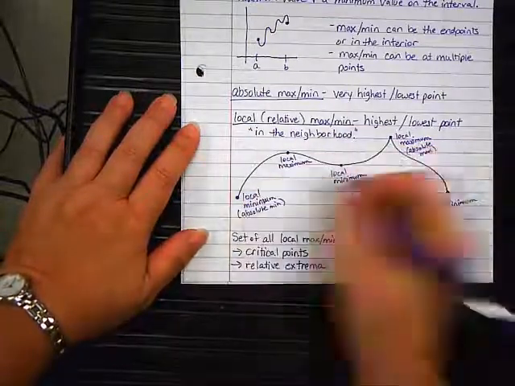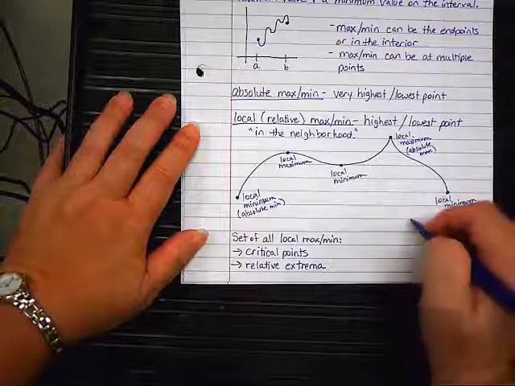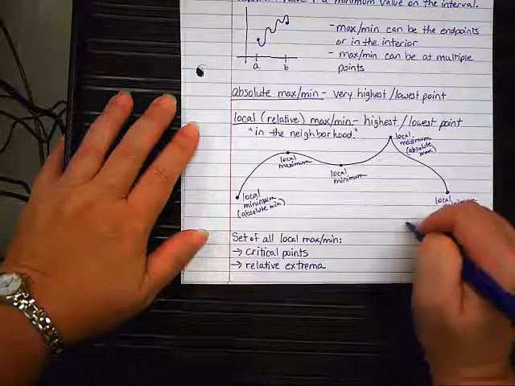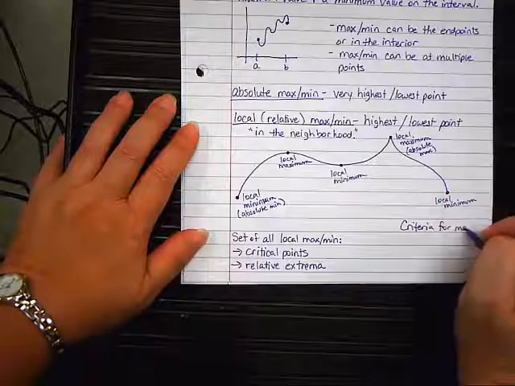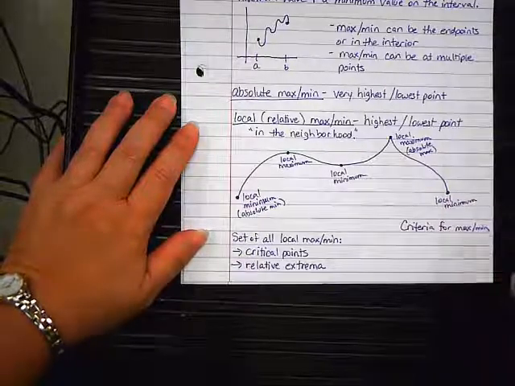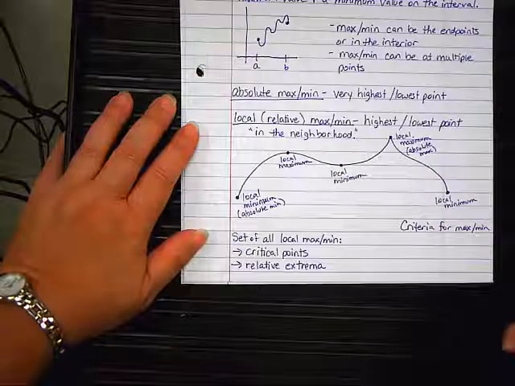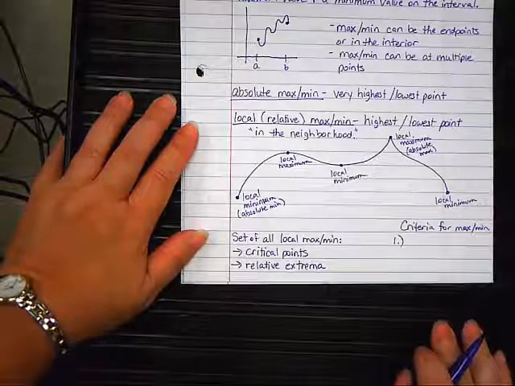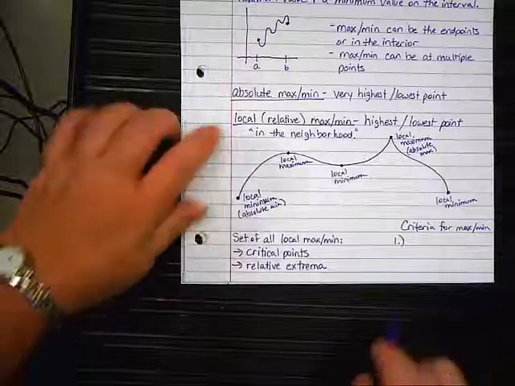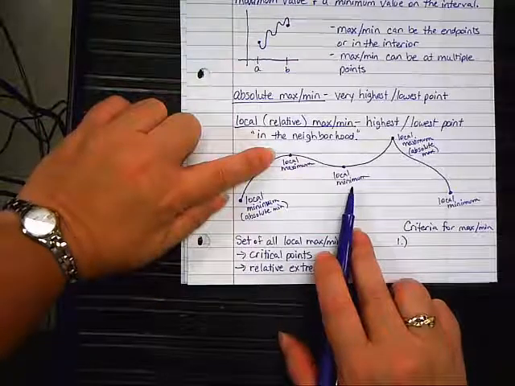So in order to be a candidate for a max or min, here are the criteria for max and min. And unlike the president, you don't have to have all 3. It's one of the 3. Criteria number 1. And it happens to apply to these 2 points right here.